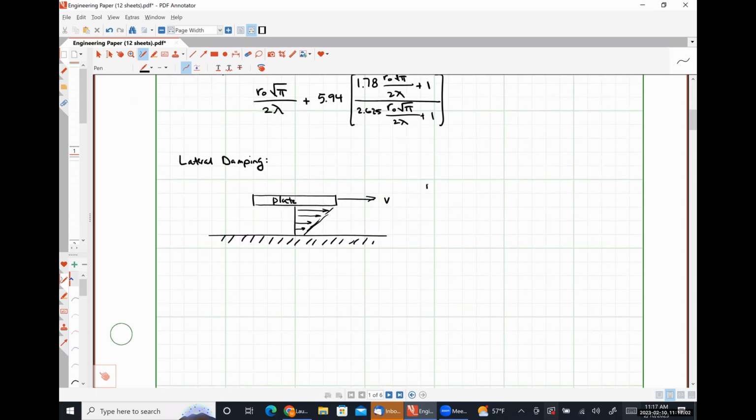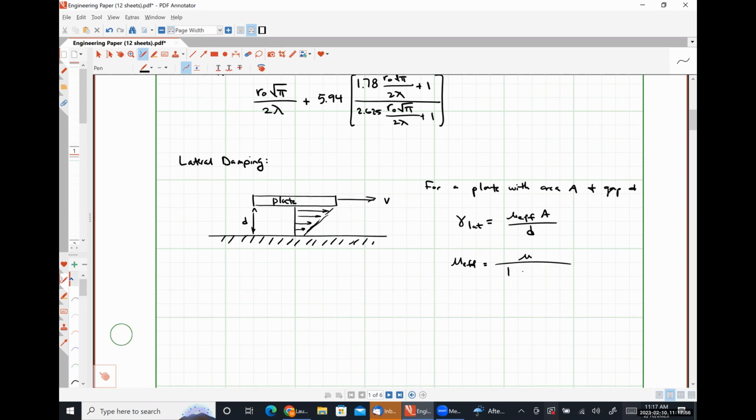So for a plate with area A and gap D, where this is our gap dimension, we have a lateral damping coefficient, gamma lat, equal to mu effective A over D. Looks suspiciously like the equation for a parallel plate capacitor, where mu effective in this situation is the standard viscosity over a factor of 1 plus twice our Knudsen number.